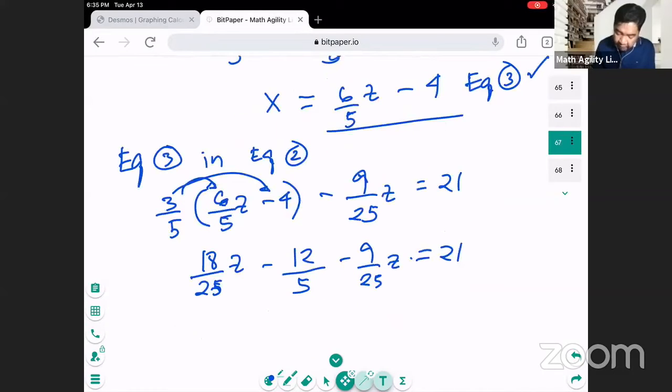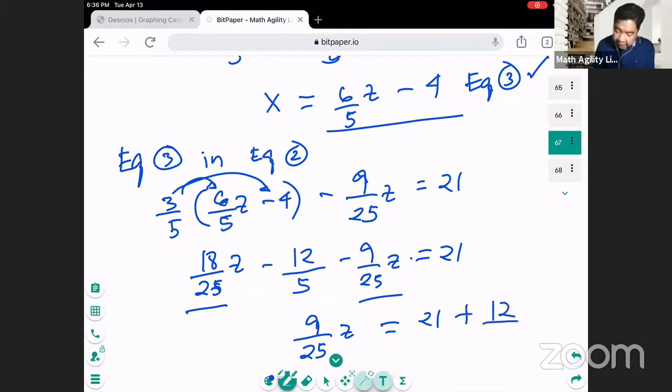So we can combine like terms for z. So this would be 9/25z. And 21. So let's transpose 12/5 to the right-hand side of the equation. So this would be plus 12/5. When we transpose a negative number, it becomes positive on the other side of the equation.